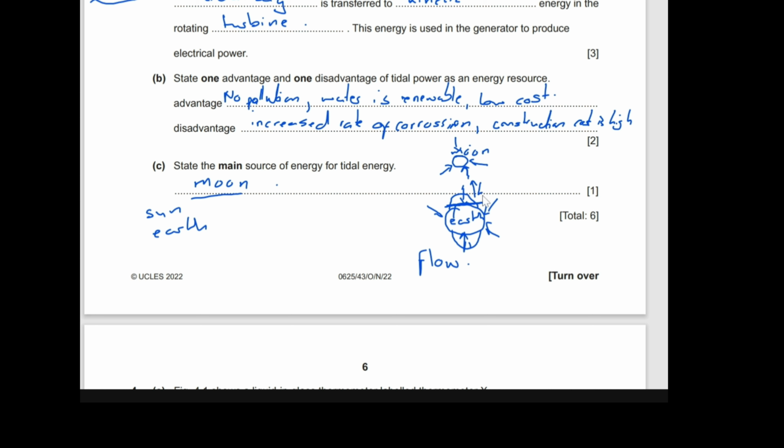So we call these regions on the top high tides, and across there are the regions of low tides. Please go and have a look again at tidal energy and see what happened exactly. Okay, let's move forward.